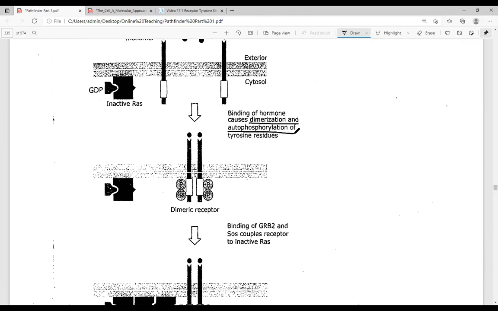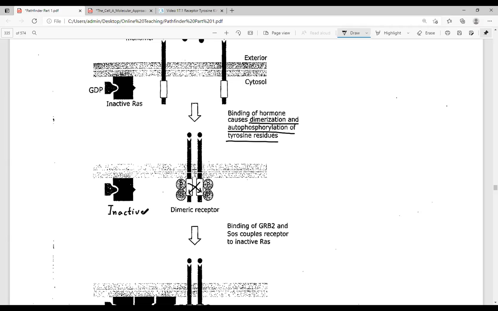As these tyrosine residues have undergone autophosphorylation, what is going to happen next? Then it will induce other different phosphorylations to take place. It will induce the binding of the inactive RAS.